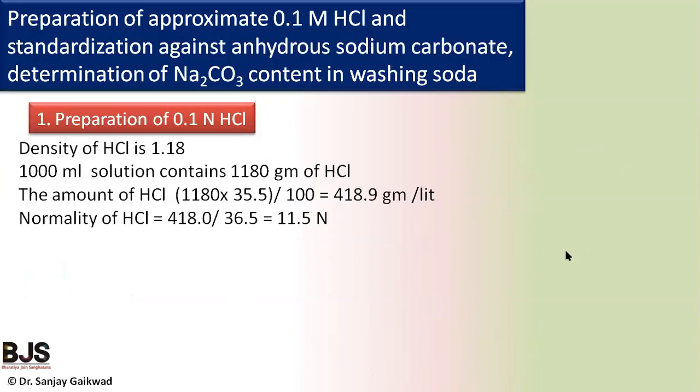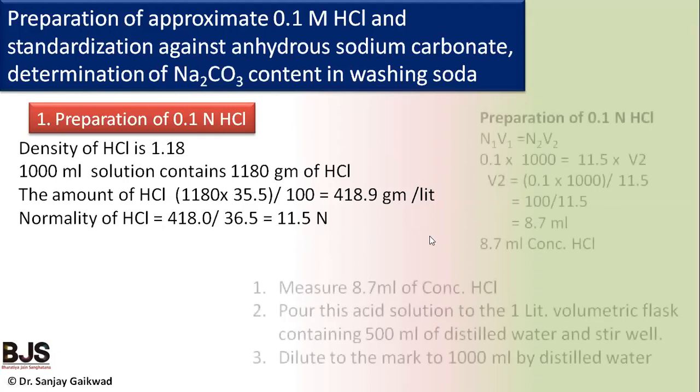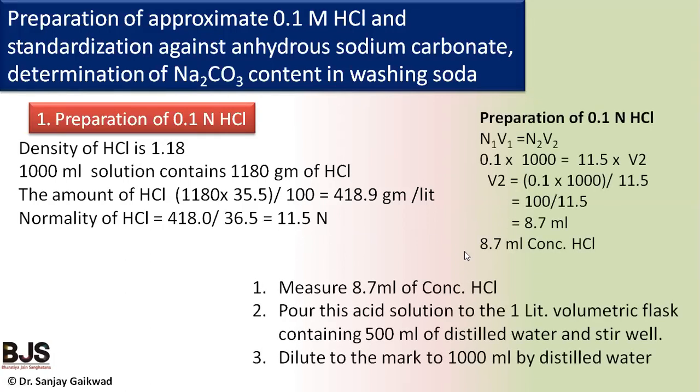Now for the application, determining the sodium carbonate content of washing soda, we require HCl. We should know the density of HCl, which is 1.18. The maximum normality of HCl is 11.5. From that we can prepare a 0.1 normal HCl solution.